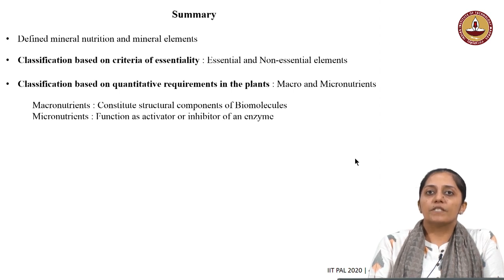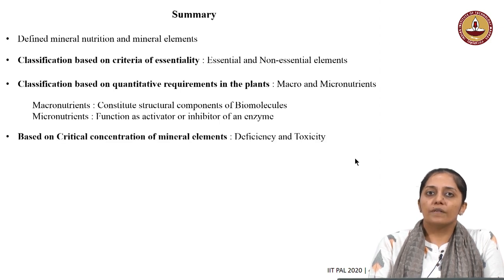The essential elements were further classified into macronutrients and micronutrients, where macronutrients constitute structural components of biomolecules, and micronutrients function as activator or inhibitor of enzymes. Based on critical concentration of mineral nutrients, they can be either deficient or toxic to the plant.